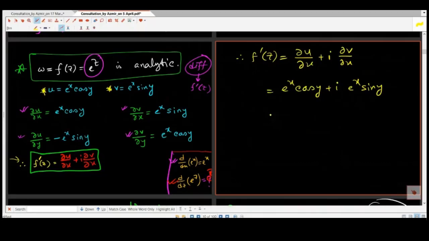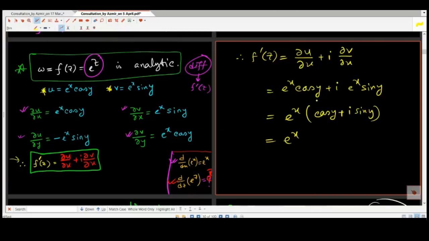So we can just factor out e to the x. We have cosine y plus i sine y. So that means e to the x times that.